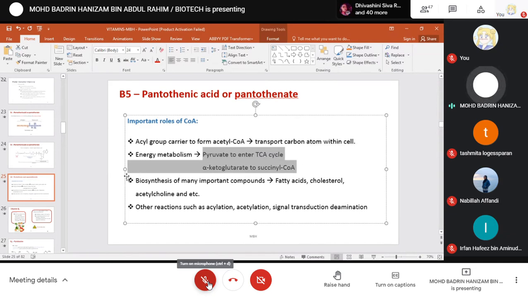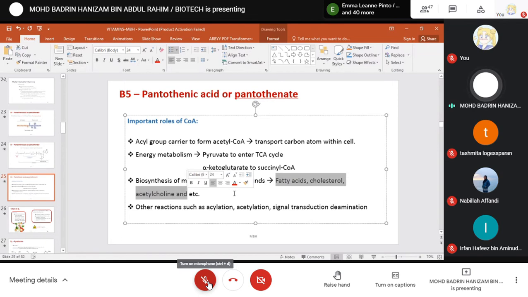And biosynthesis of many important compounds such as fatty acids, cholesterol, acetylcholine, and so on. There are so many things more than this, but these are the three most important compounds synthesized with coenzyme A. Other than that, such as acetylation, signal transduction, deamination, and so on.